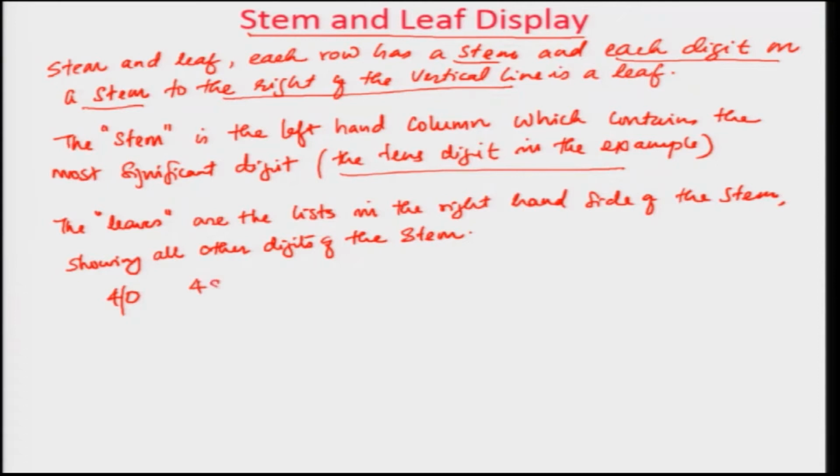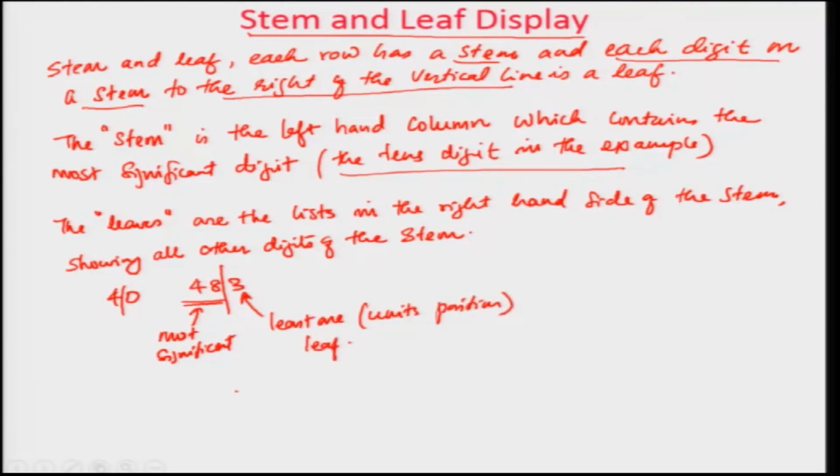If you have 483, then depending upon how you want to cut, but ideally you would want to cut a stem and leaf like this. So, the most significant digits actually become the stem, and the least one, the unit digit, units position, will become the leaf. Okay.